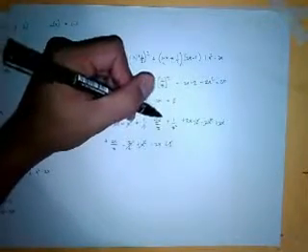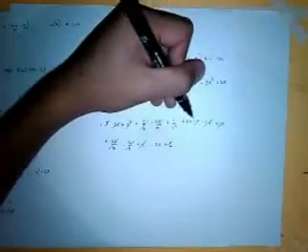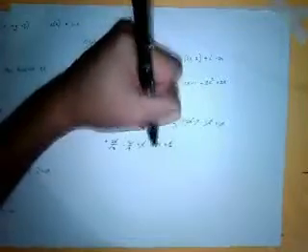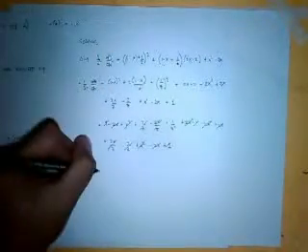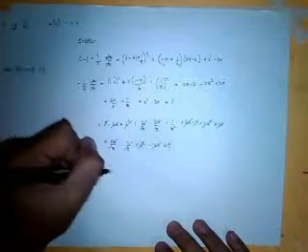Negative 2x over z and positive 2x over z, cancel out. And then 2x and negative 2x. Okay, so what remains is 1 over z squared.